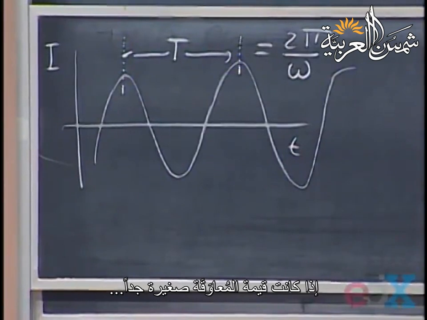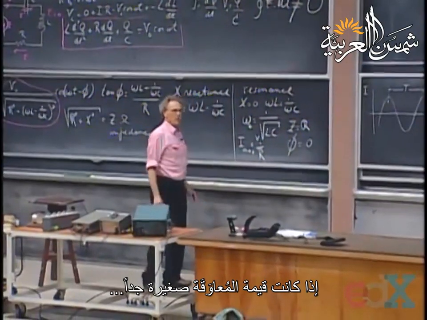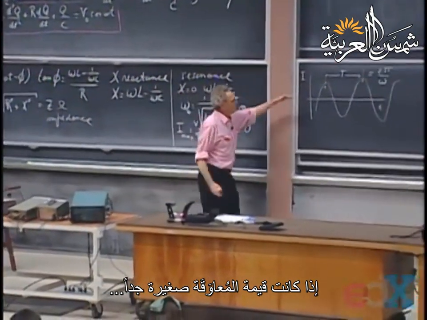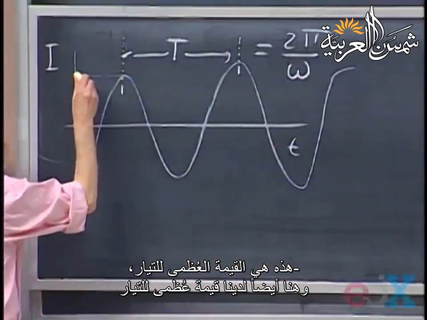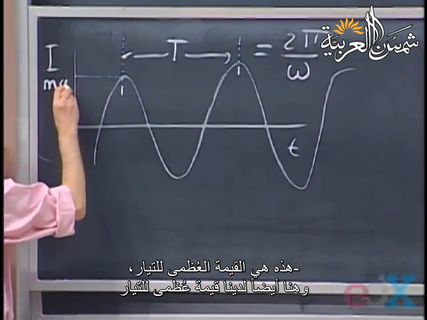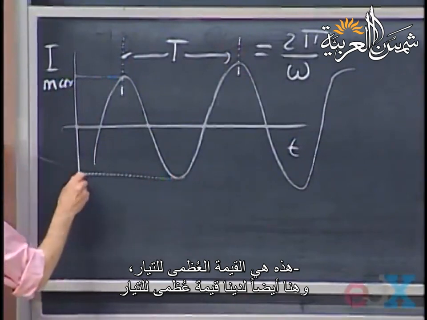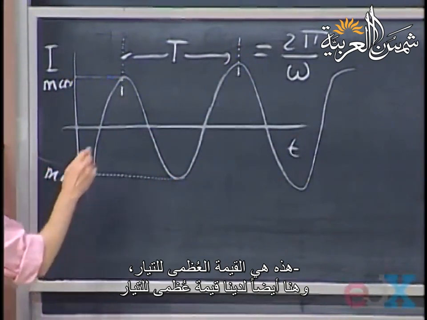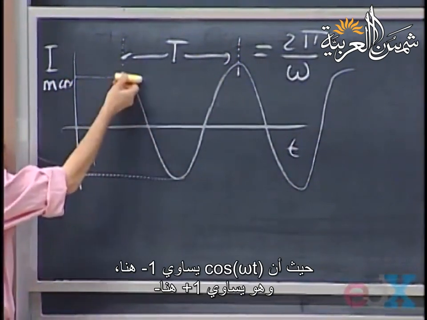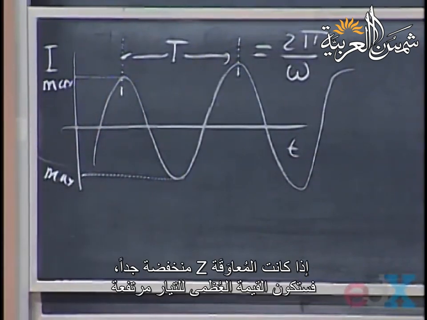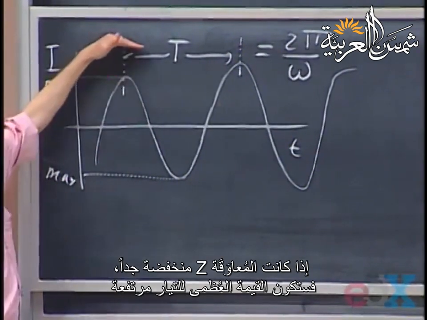And if the impedance Z is very low, then this maximum value of the current, and of course the maximum value is also here, except that the cosine is -1 here and the cosine is +1 here. So if Z is very low, then this will be high.